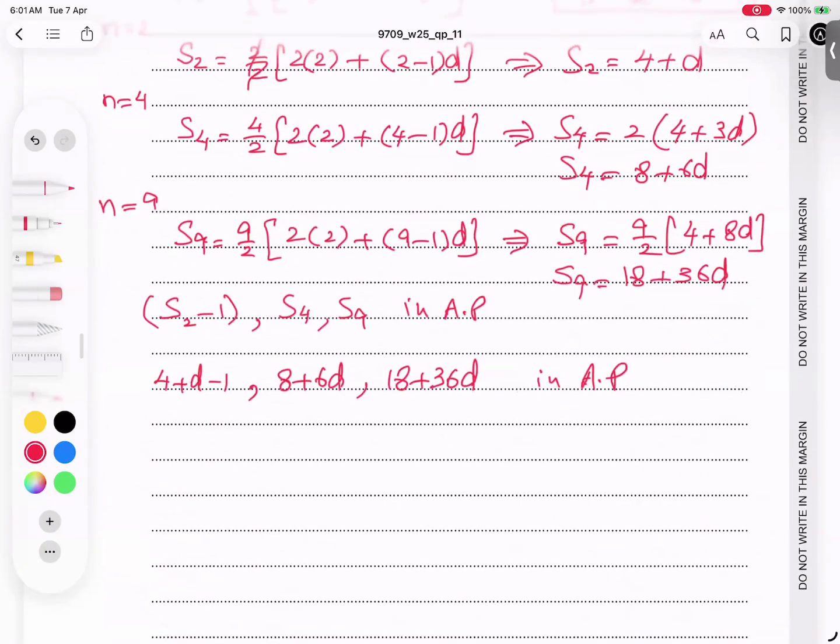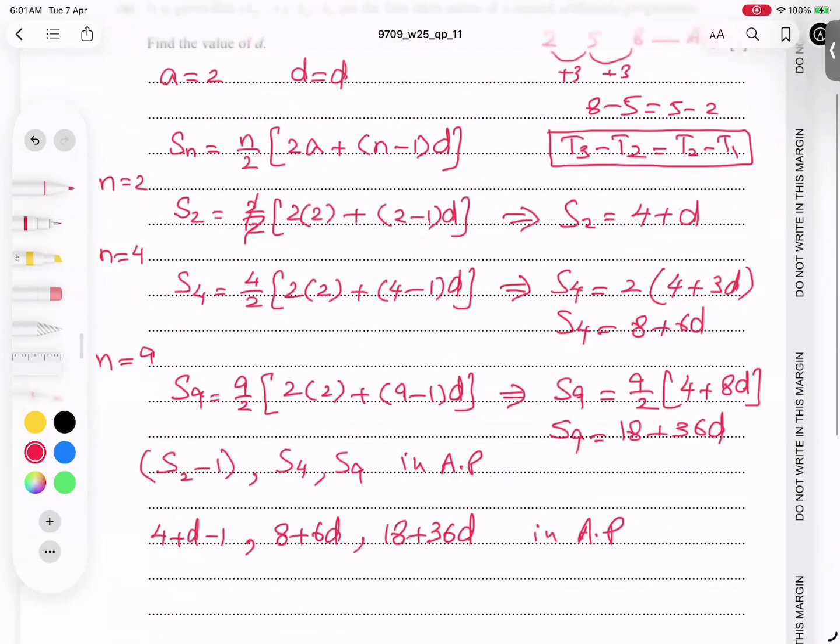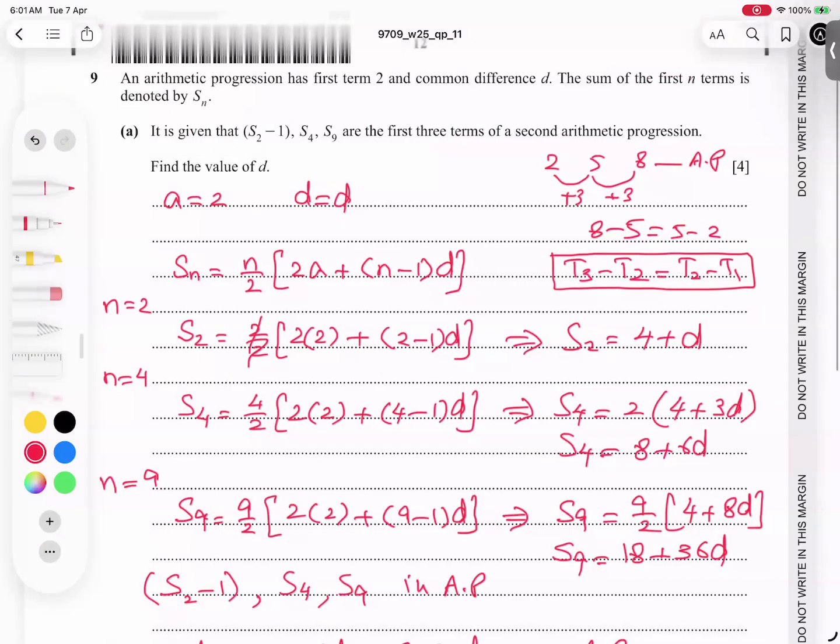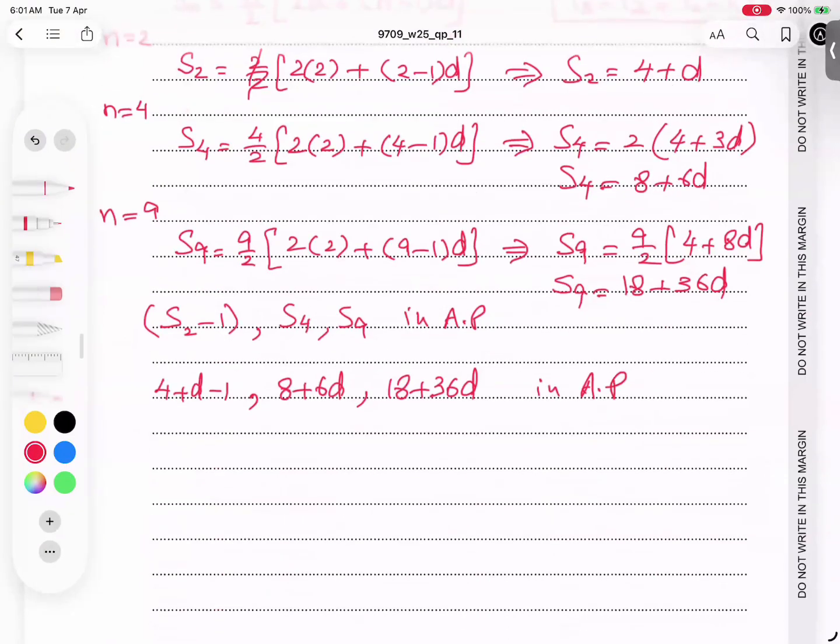He said the first three terms. So I'm writing below: 3 plus D, 8 plus 6D, and 18 plus 36D.